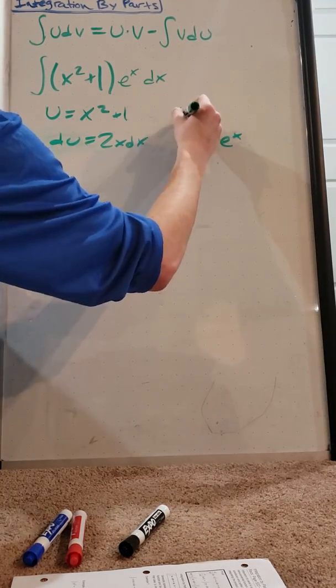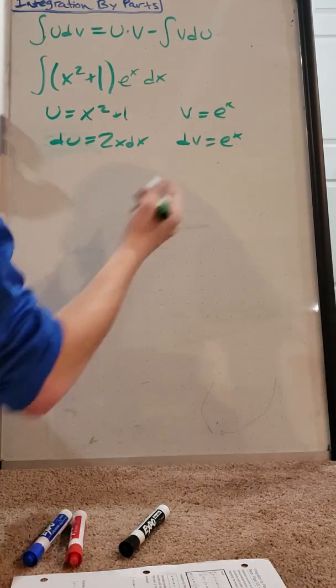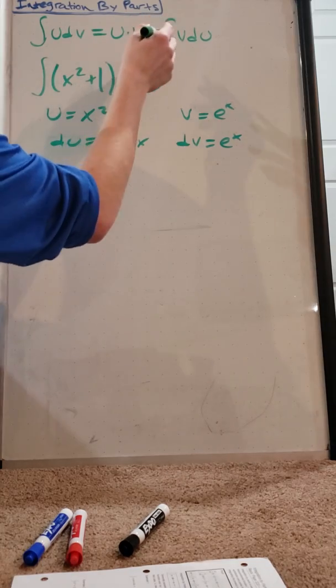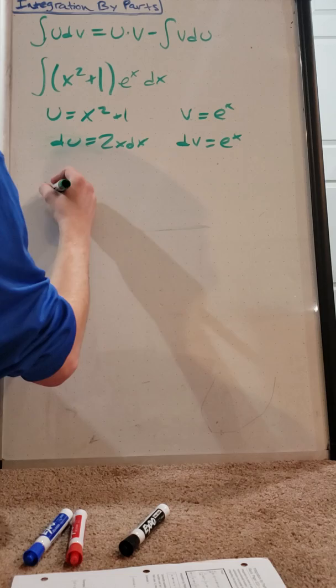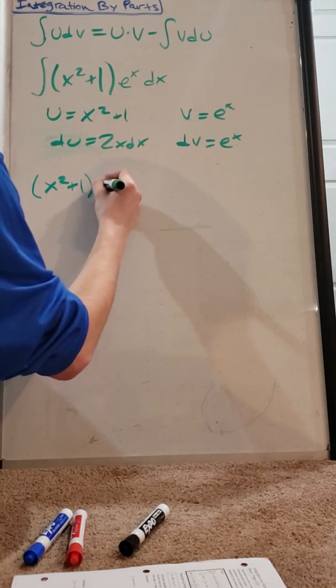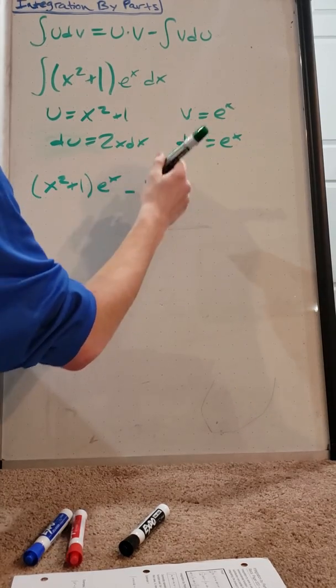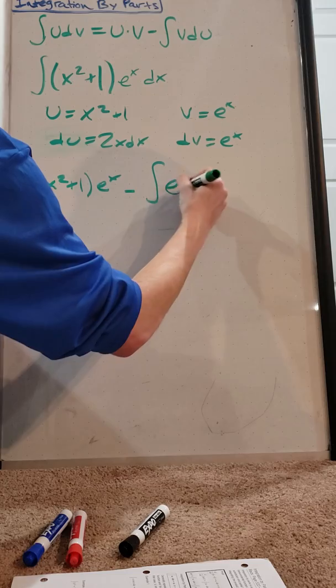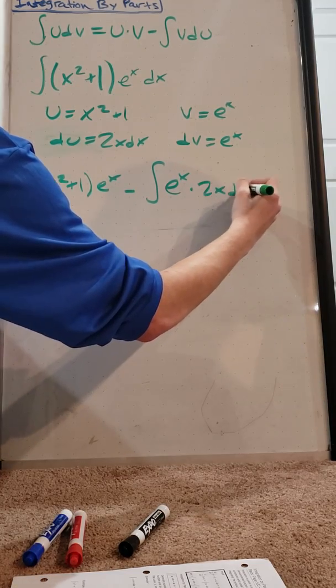When you integrate this, you just get e to the x, because the derivative of e to the x is e to the x. So we plug this in. You do u times v, which is x squared plus 1 times e to the x, then subtract the integral of v du, which is e to the x times 2x dx.